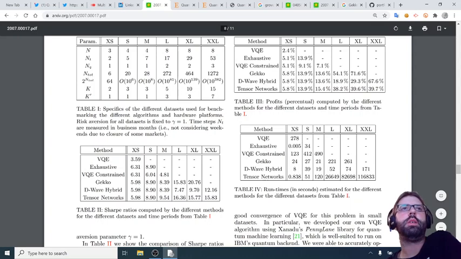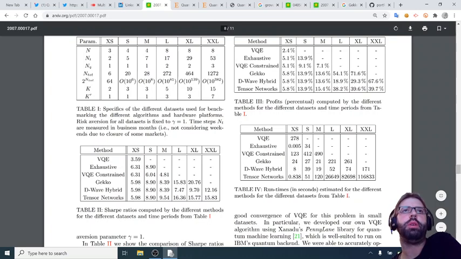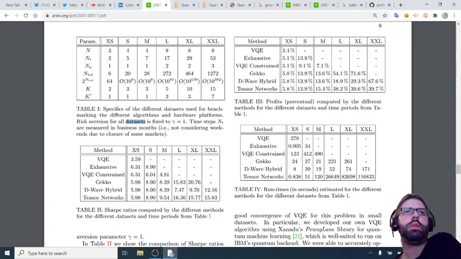Okay, so this is the actual amount of combinations. An XS problem is easily solvable classically.